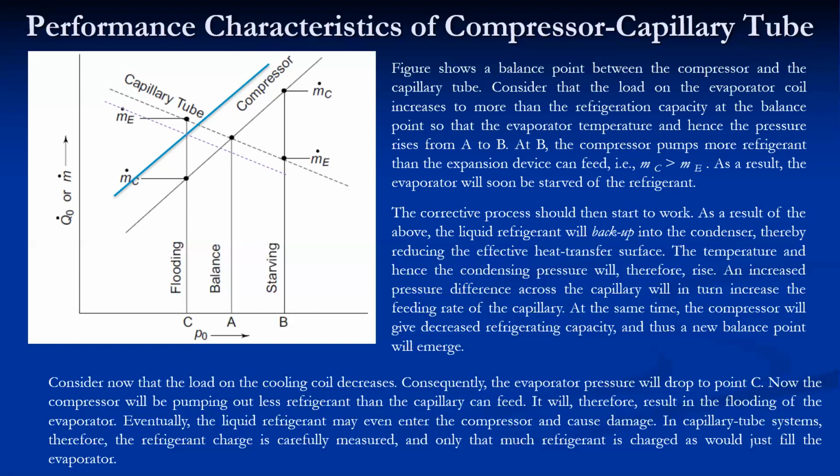Flooding means the evaporator is flooded with liquid refrigerant, and starving means there is a scarcity of refrigerant in the evaporator. So these are the two important characteristic curves we have discussed: the performance characteristic of the condensing unit and the performance characteristic of the compressor capillary.